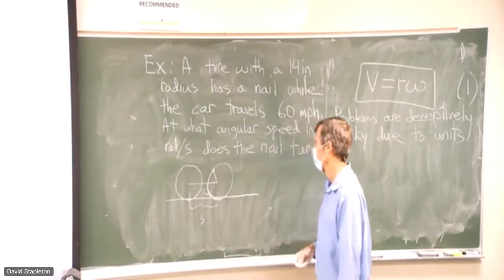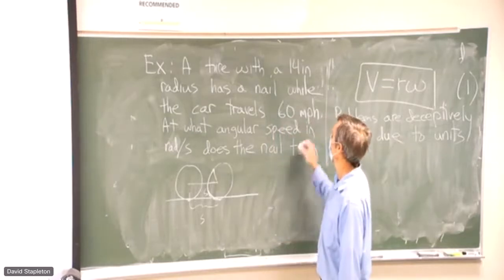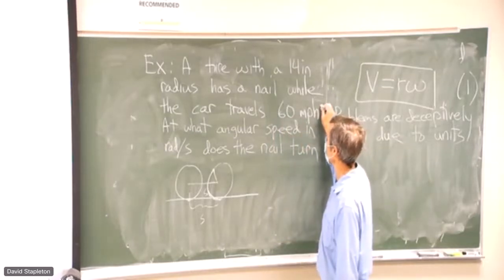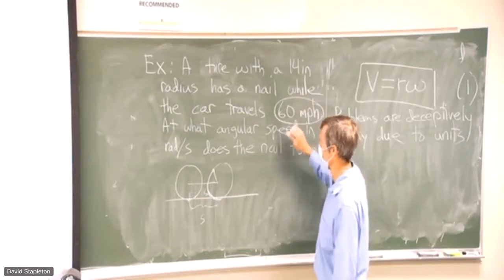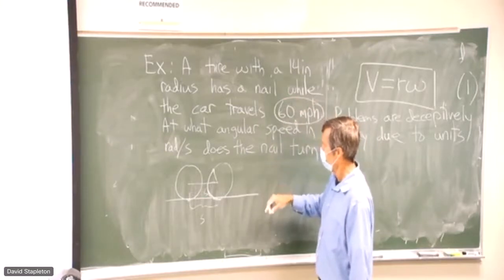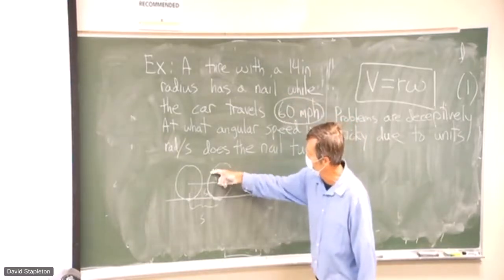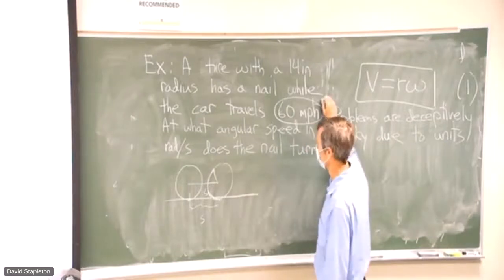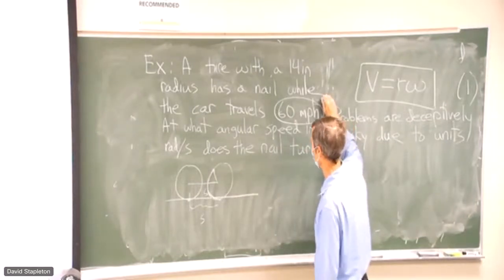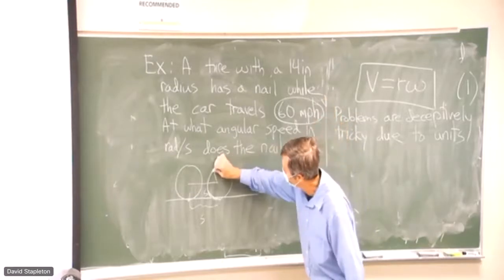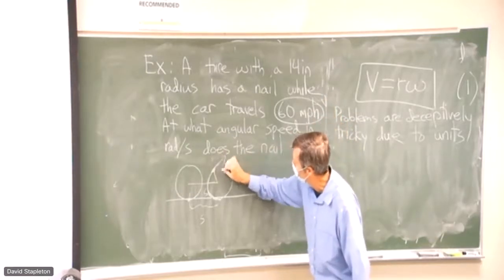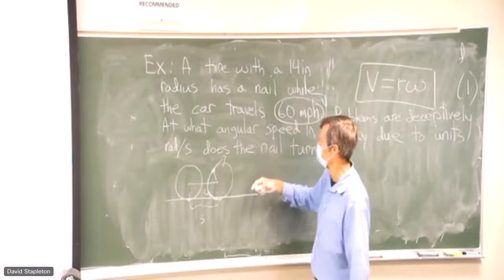What you can do is say the speed of the car is actually the same as the speed of a point on the rim of the wheel. So 60 miles per hour is actually v, the velocity of this nail that's going around. Nail would fly off, it would go off at 60 miles per hour.